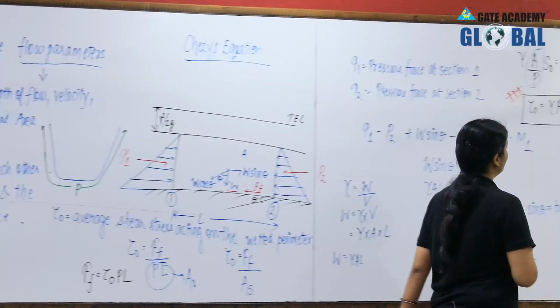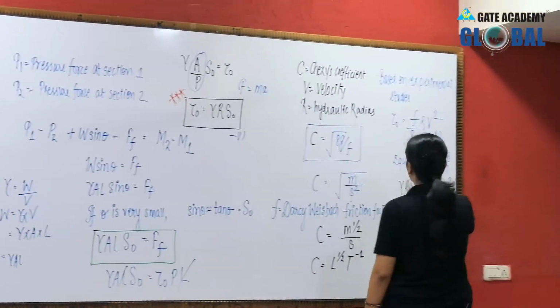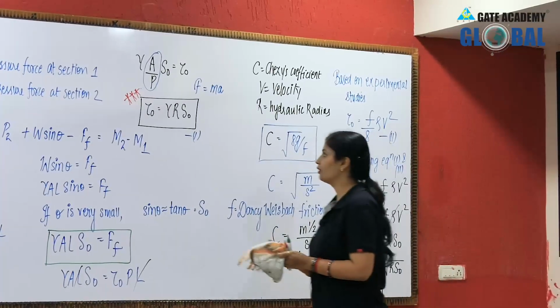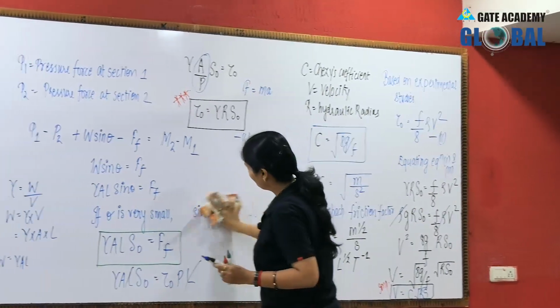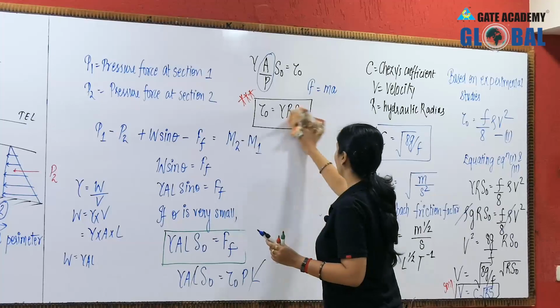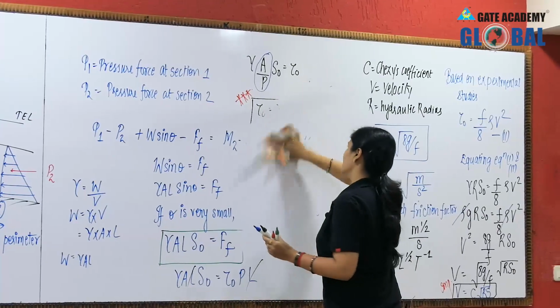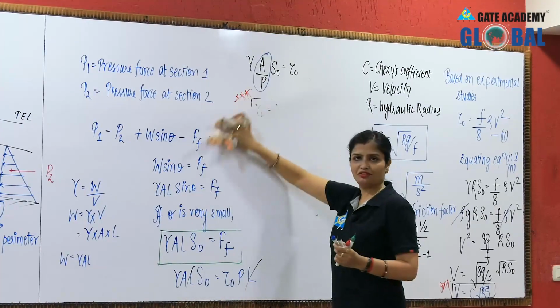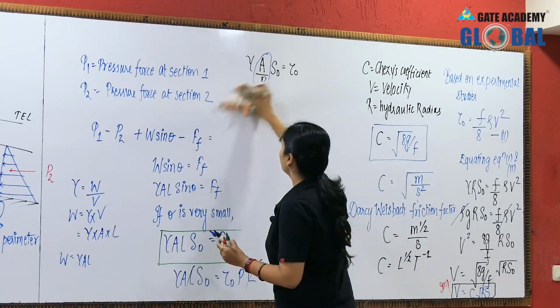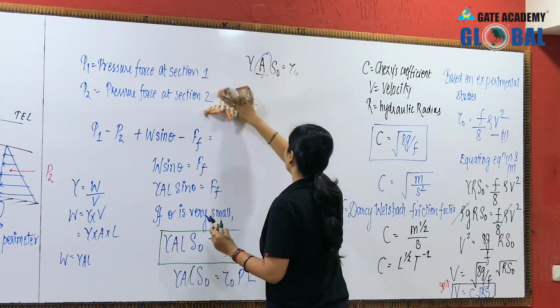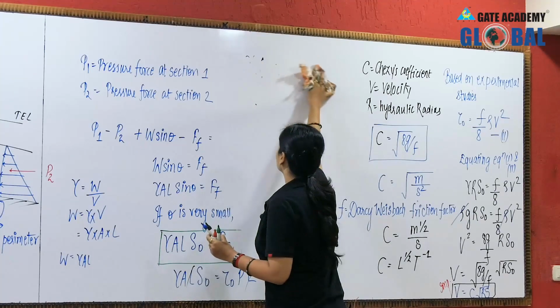Now, coming to the part of how you got this tau naught is equal to f by 8 rho V square. Now in FM, those students who have studied FM, you have come across the head loss due to friction, hf, right? So could you tell me the expression for your head loss?